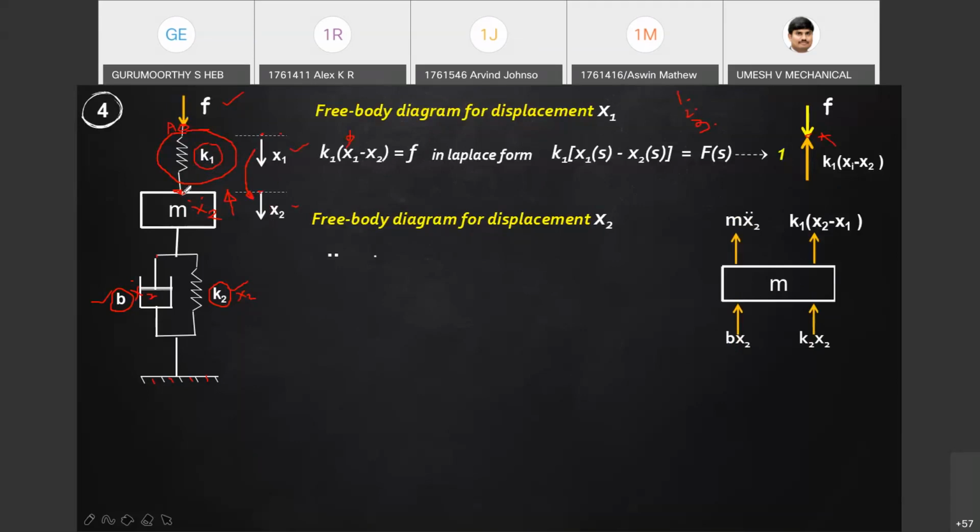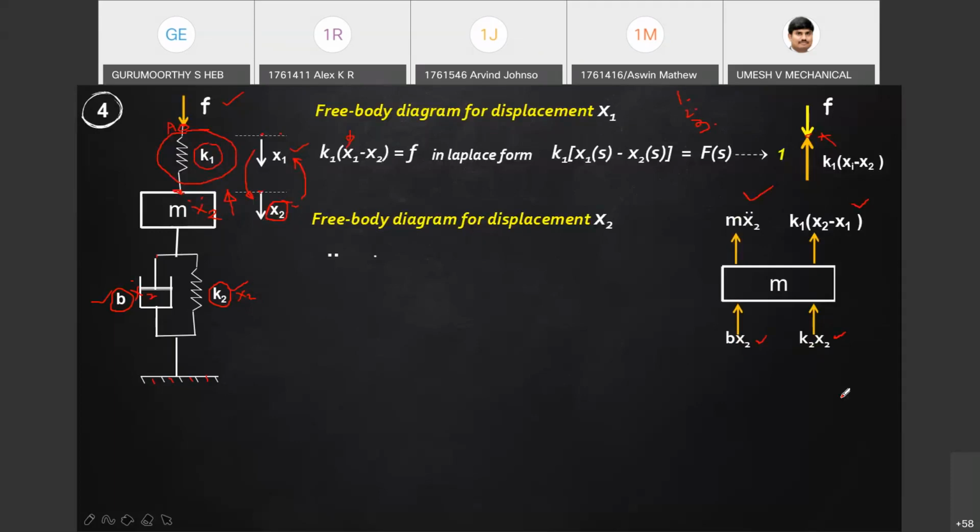With respect to this particular point, this displacement is shown. Because of the spring with stiffness K1, the other force is given. Those who have given an answer as 2 can verify, and if any doubt is there, you can unmute.